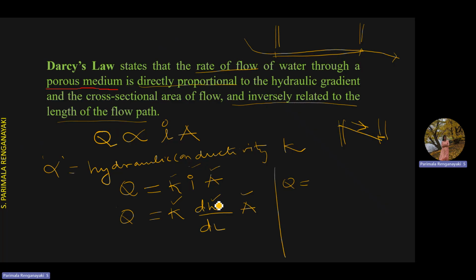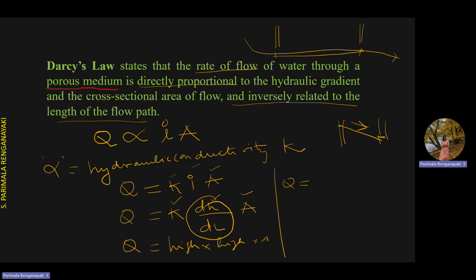If we consider dH by dL as a whole, if your K is high and the gradient is steep, we studied that as hydraulic gradient, if this is high and area is high, then discharge is also high.